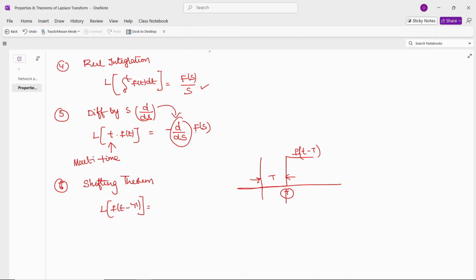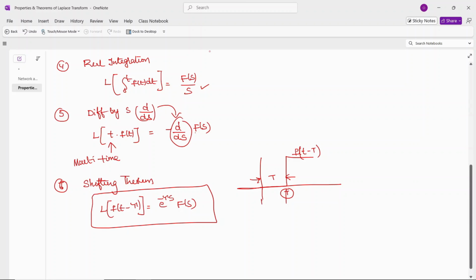since Laplace of f of t is F of s, you can write directly in exponential form: e to the power minus T s into F of s. This theorem is called the shifting theorem. Why is it called the shifting theorem?